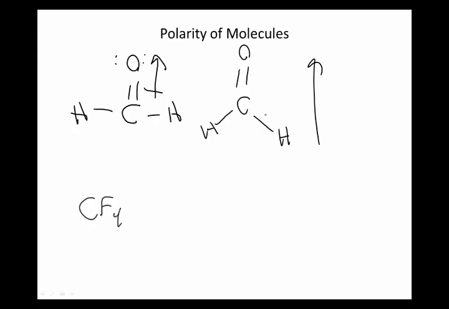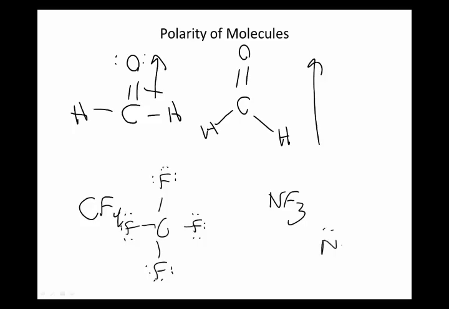Okay, two more examples. CF4 and NF3. When you do the Lewis structures, you get this. By the way, don't try to do the Lewis structures the way I'm drawing.